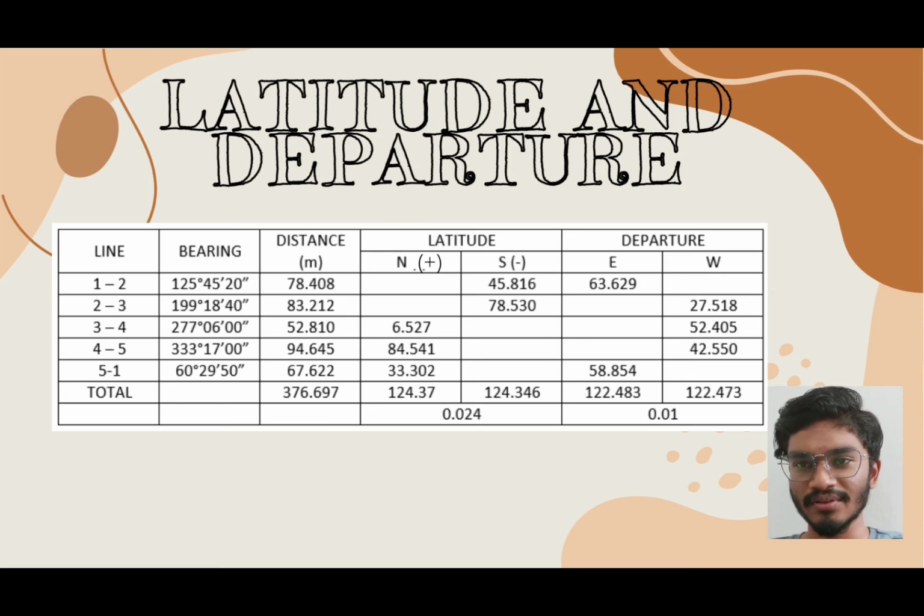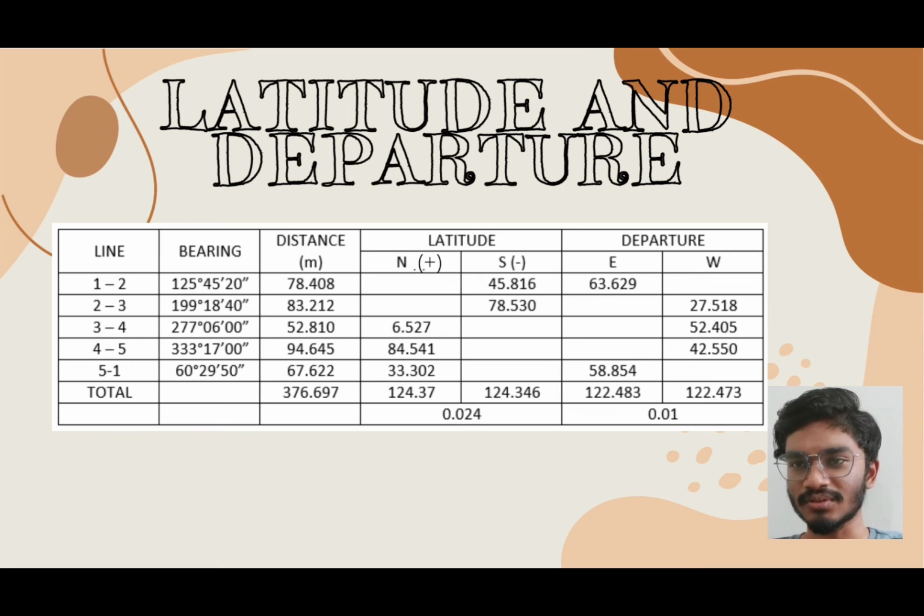So over here you can see I have calculated and put it in the respective places. For the bearing and distance, the first one is in south, the second one is also in south, and the third, fourth, fifth are in north.